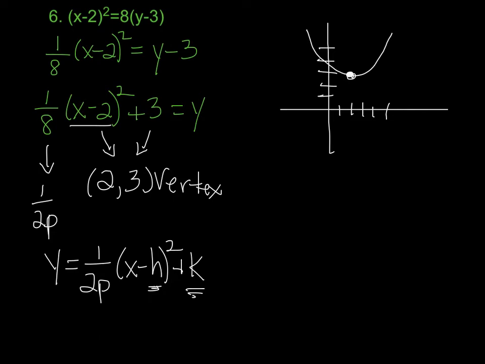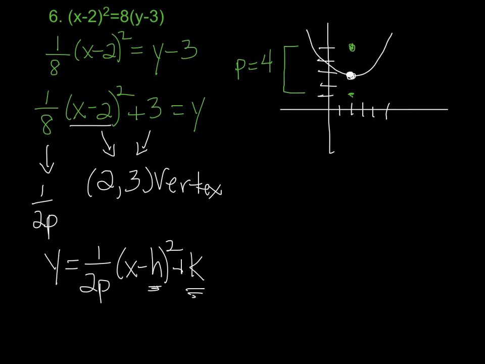Okay, now let's get to this p. So p is the distance from the focus to the directrix. So in other words, from this point right here, I'm going to go up 2 and put a dot, and go down 2 and put a dot, because that total distance is my p, and my p is 4.